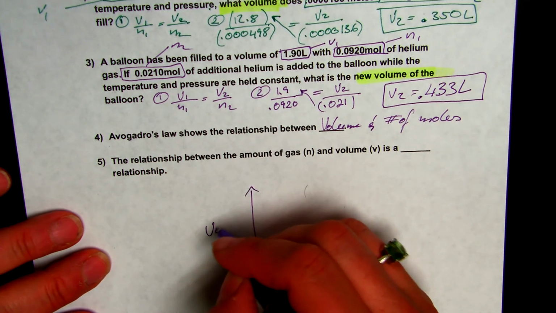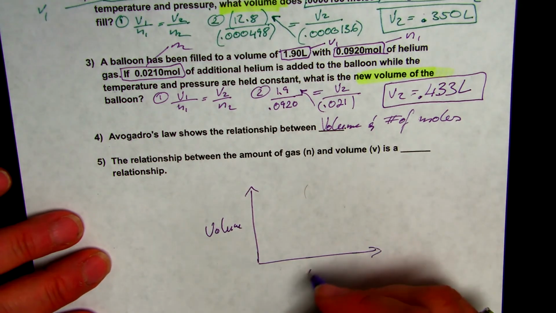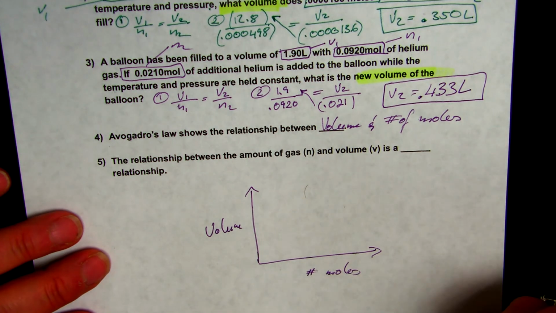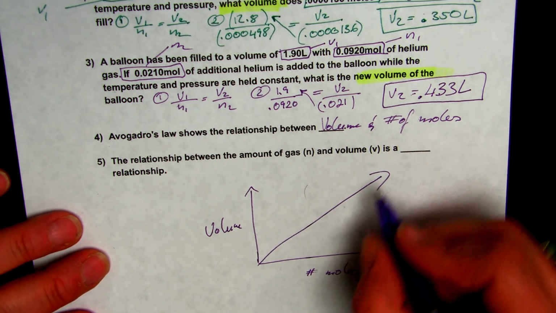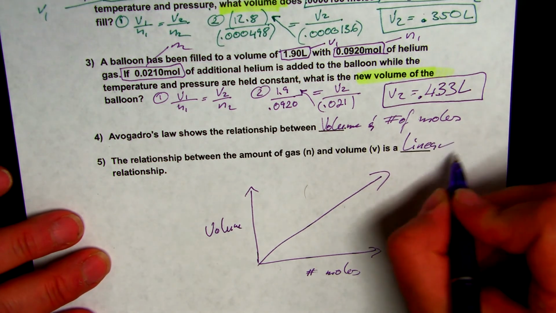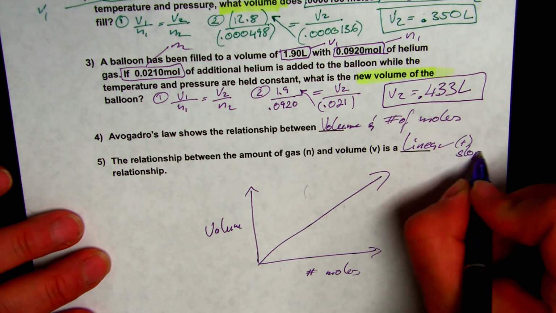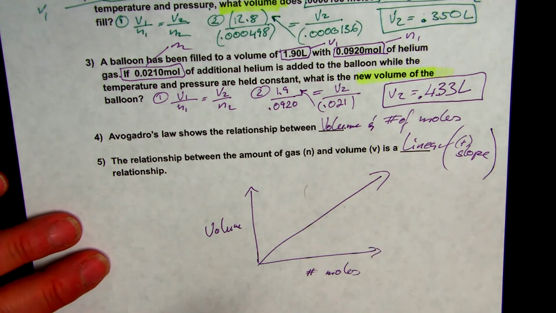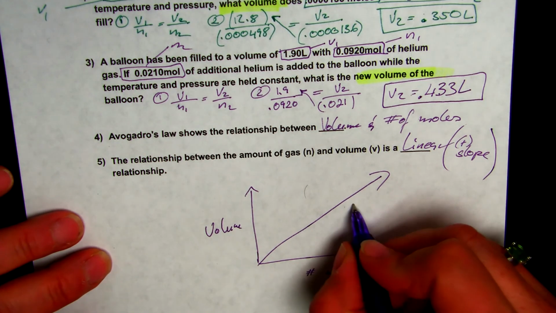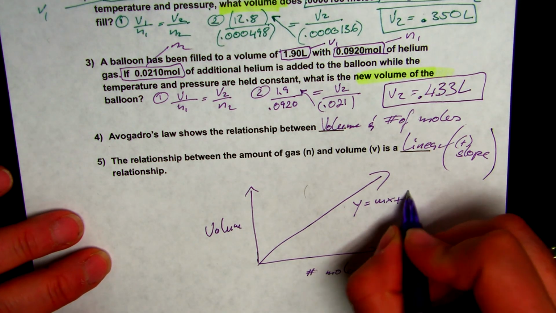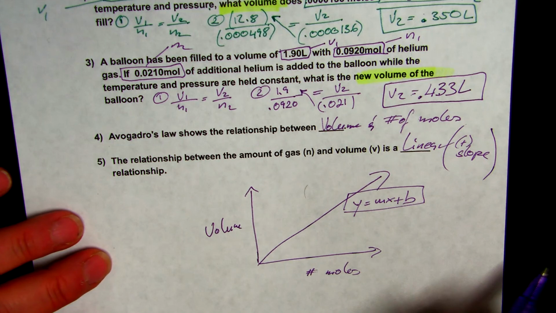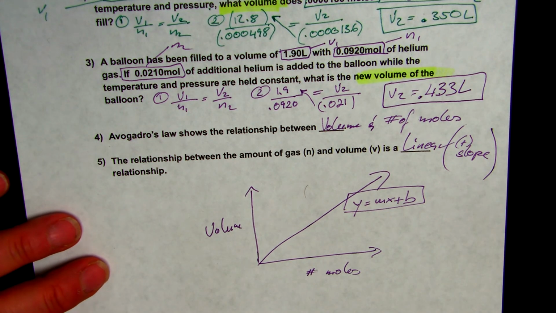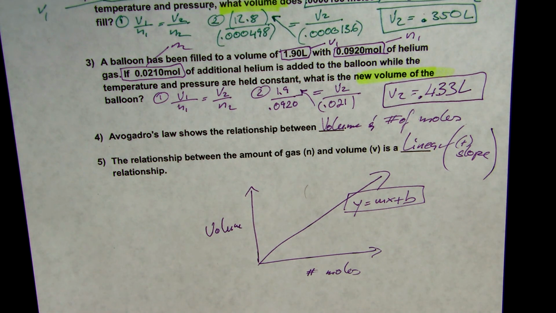If I have volume here, and I have my number of moles here, if the volume goes up, what also goes up? Linear, positive slope, right? Relationship. So just remember the slope is positive. This is always going to be y equals mx plus b. Trust me, I used to teach algebra here. Okay. Excellent. All right. Let's turn this down.